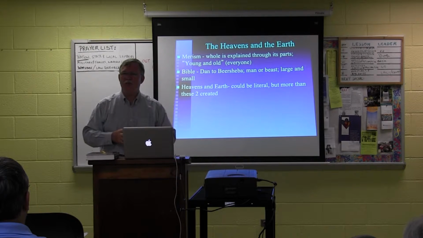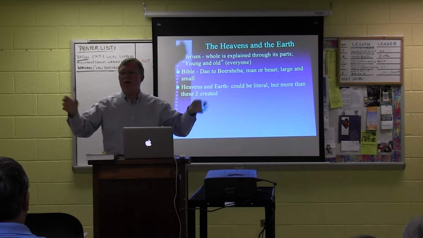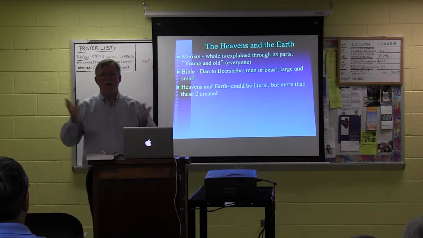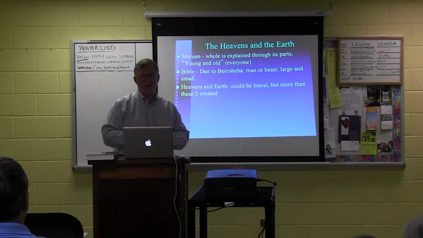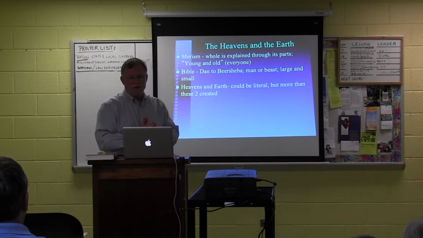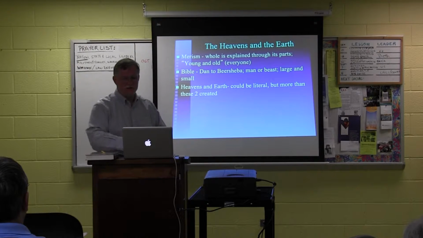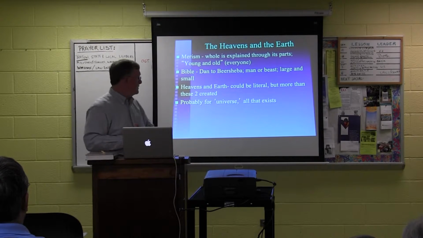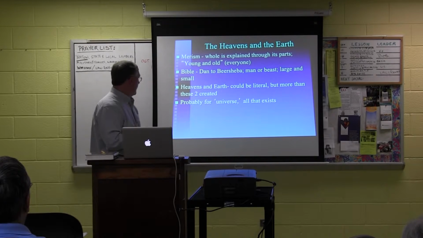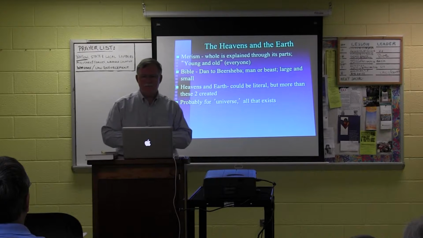There is no single word in Hebrew. It's not that they didn't have a concept of it, they just didn't have an all-encompassing word like cosmos. So that seems to be what's going on here. In the beginning, God created everything, not just these 2 things, heavens and the earth, but saying God created everything that exists.